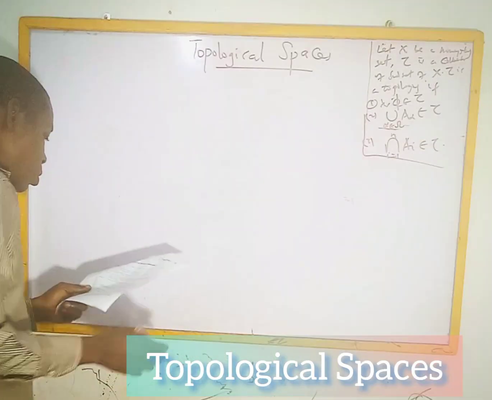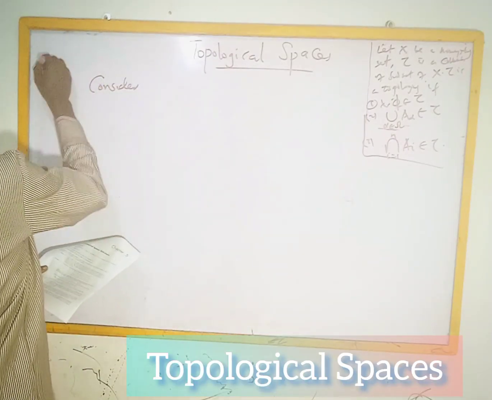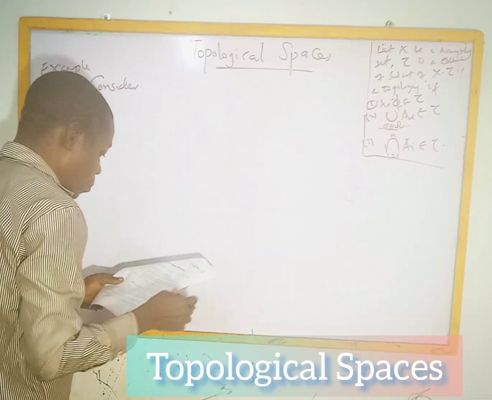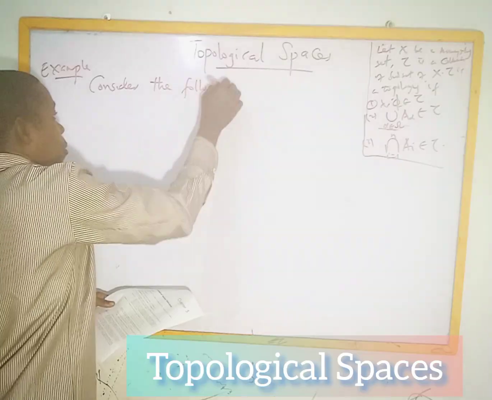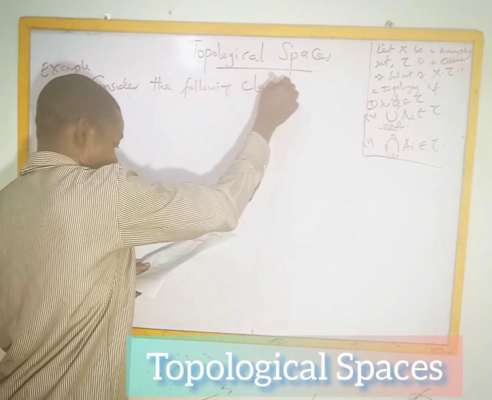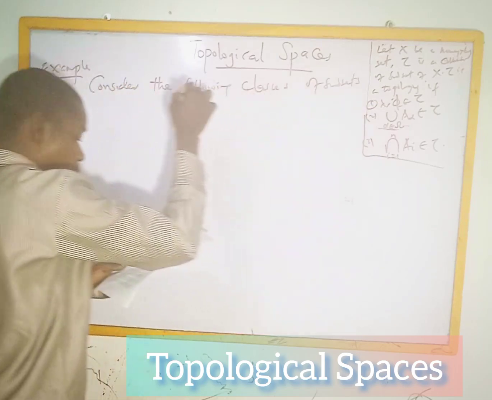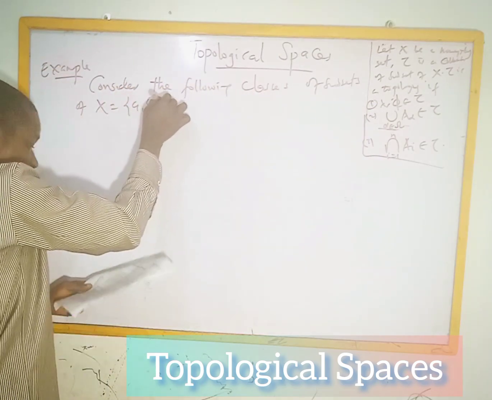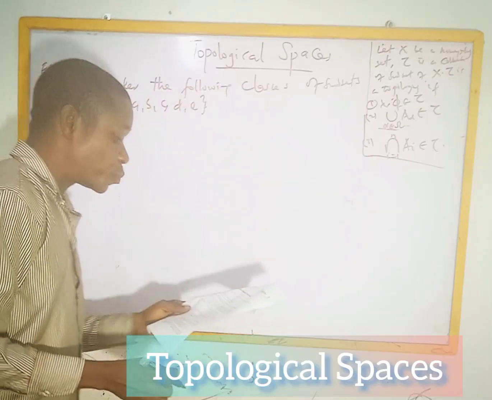Consider the following example. Consider the following class of subsets of X, let's say A, B, C, D, and E. Now, let's check.